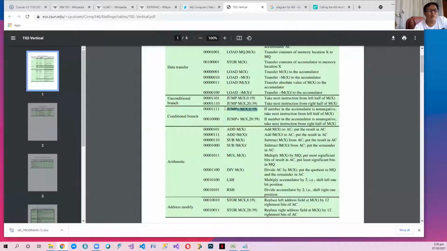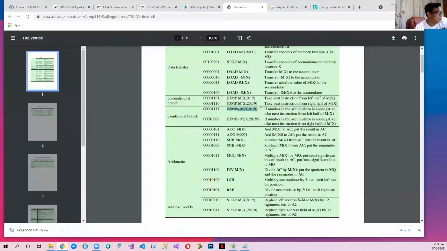Sorry, CF will work with 1 minus 0. It will start working with 1 minus 0. But jump plus will not work with 1 minus 0 because 1 minus 1 is still a 0. So we have to be a little bit careful.